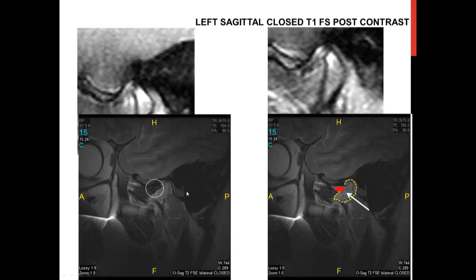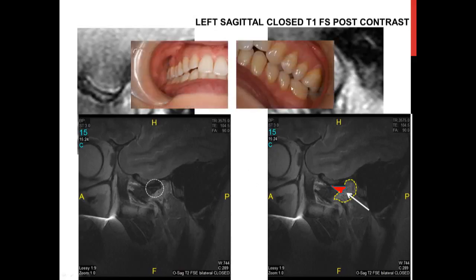Now this is actually a bilateral joint. You're only looking at, I believe, the right joint here. This is a joint with a very high destructive index bilaterally. If we take a look at the bites, I'll show you the bite of the top patient over here.